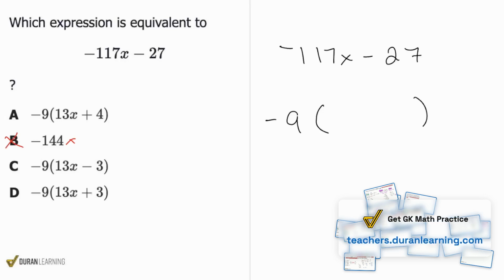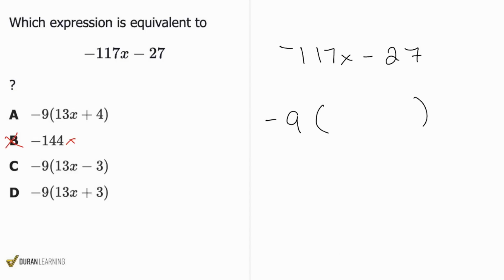All that's left for us to do is figure out what happens when we divide the negative 9 out of each of these terms. And I'm going to make this even easier for you, especially if we're not granted a ton of time on this. Let me start off with this second one.